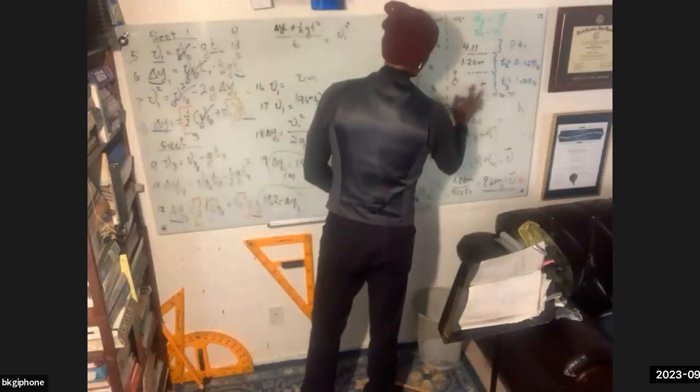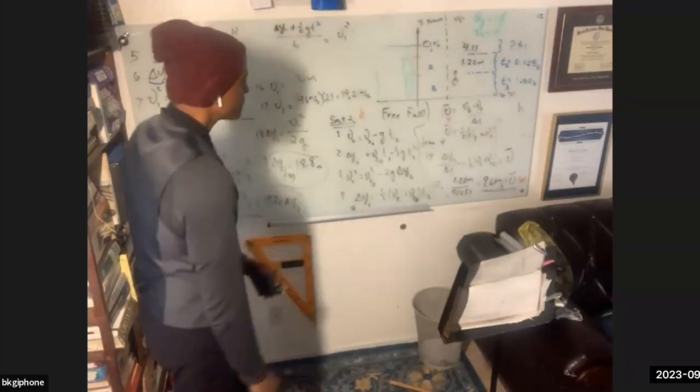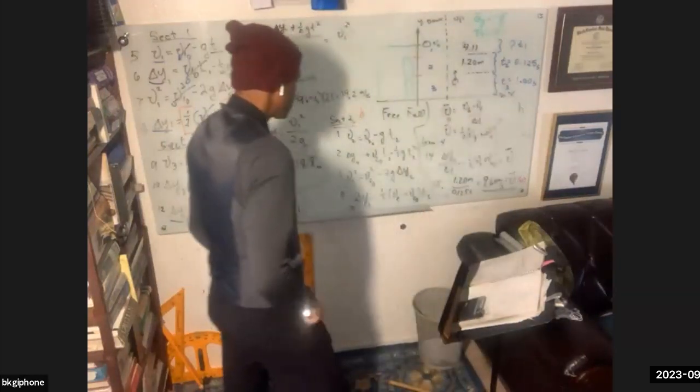Right? And then we set it up the same way we found our initial equation, where we take y3, and then we subtract our y1, which is 4.1165, and then we set that equal to our V1, which is 8.98.